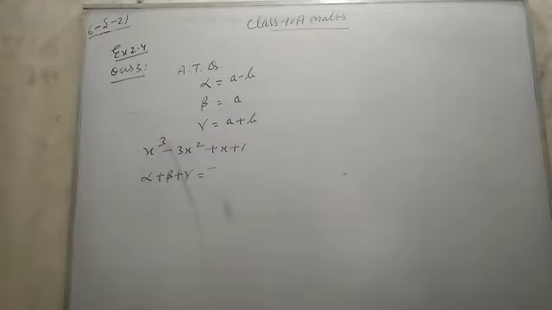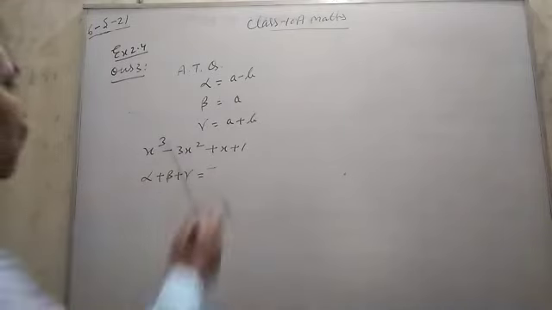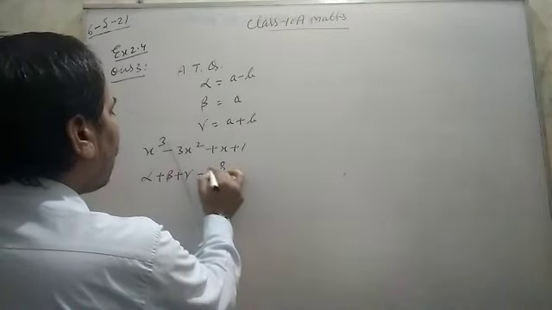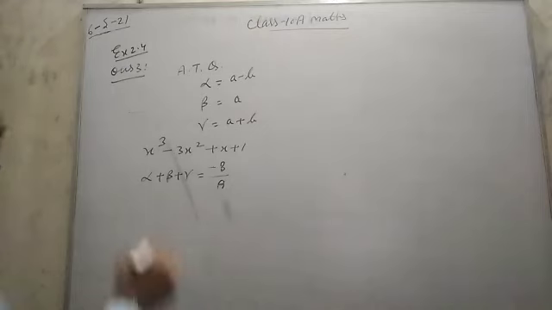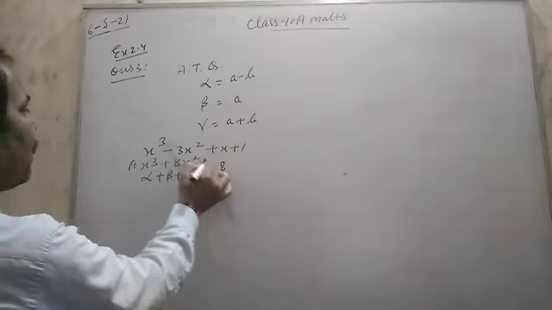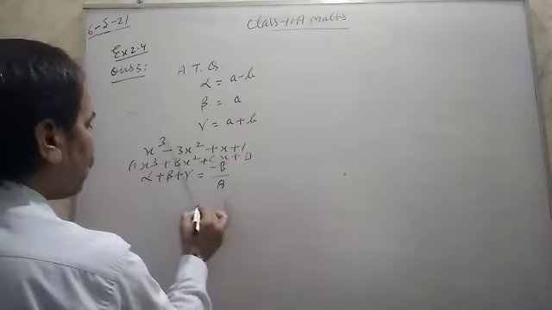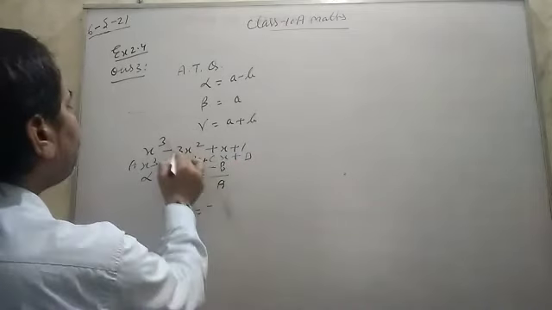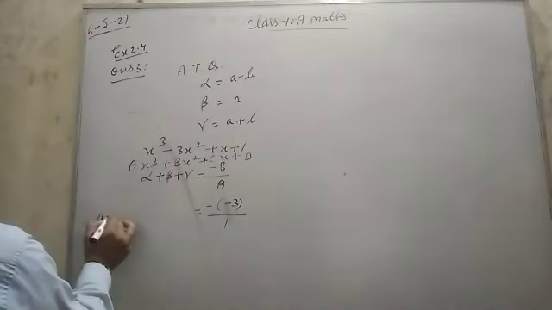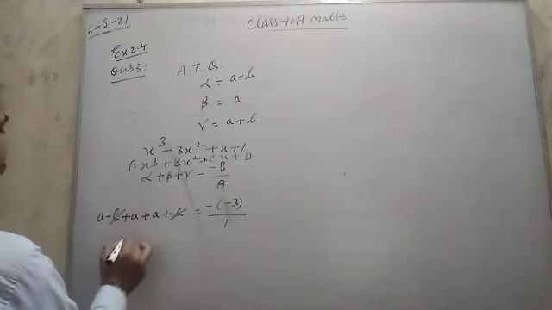Since small a and small b are given here, we take capital letters: minus capital B upon capital A. Now we compare this with the equation Ax cube plus Bx square plus Cx plus D. So minus B means minus of minus 3, upon A which is 1. Putting the values of alpha plus beta plus gamma: a minus b plus a plus a plus b, the minus b and plus b cancel.